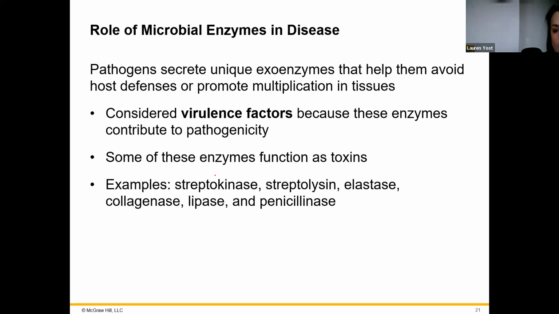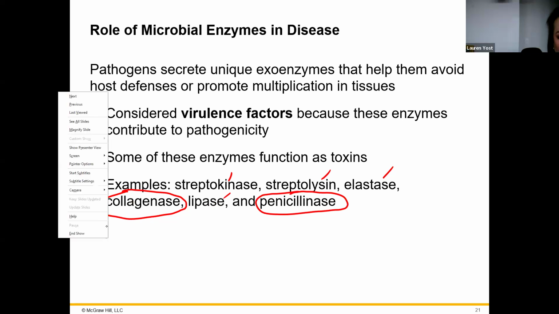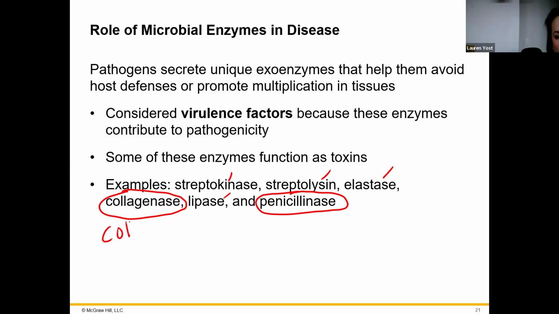We have streptokinase, streptolysin, elastase, collagenase, lipase, and penicillinase. I'm going to focus on two of them because I feel like they make the most sense to everybody. All right, so obviously the circled ones I'm going to talk about right now. We've all heard at least of collagen, right?